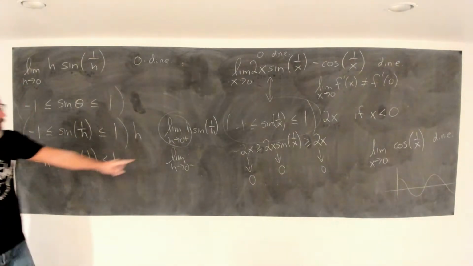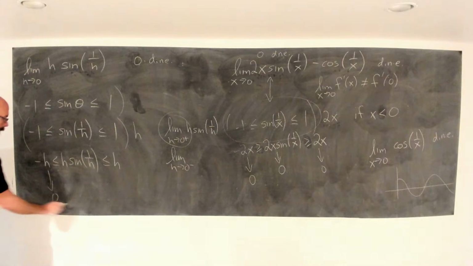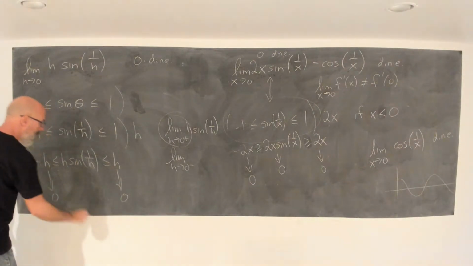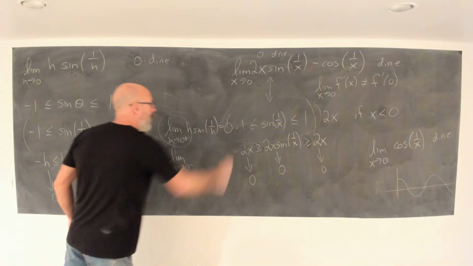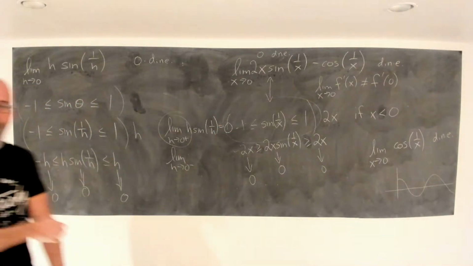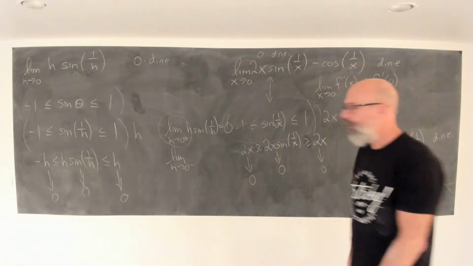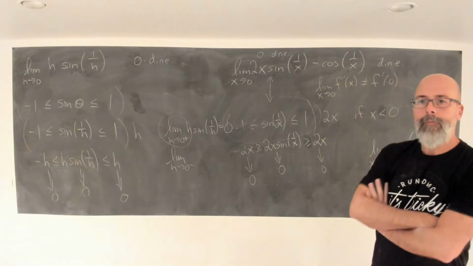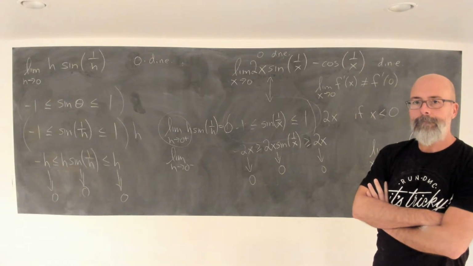And now, as h goes to 0 from the right, this goes to 0, this goes to 0, so the whole thing goes to 0 by the squeeze theorem. I'll let you repeat for the limit from the left, but there it is. All right.